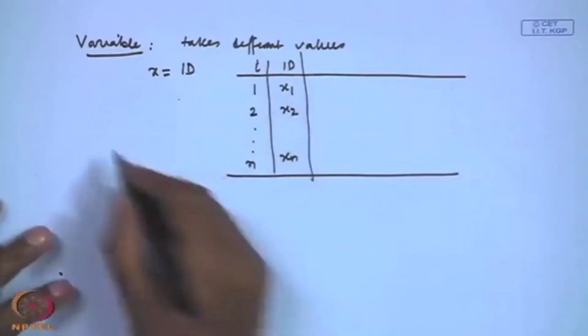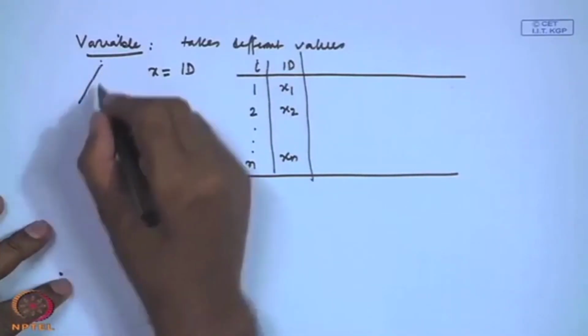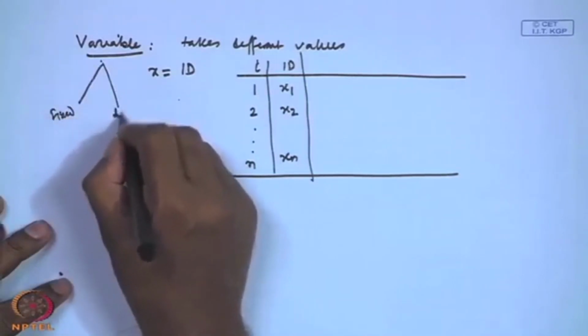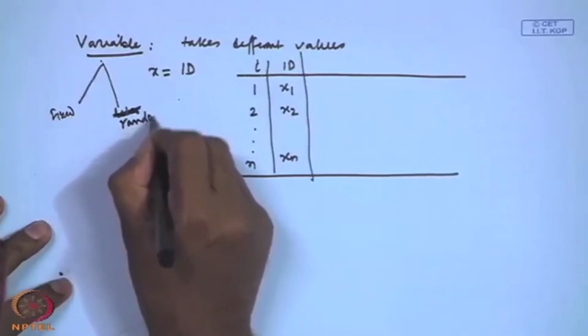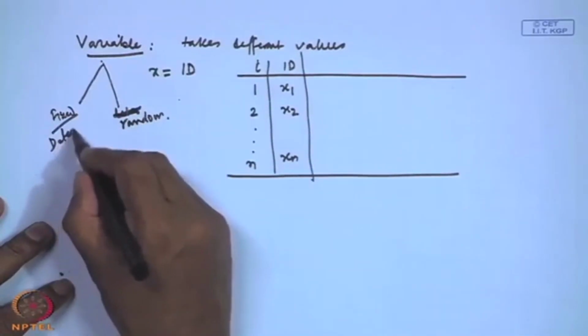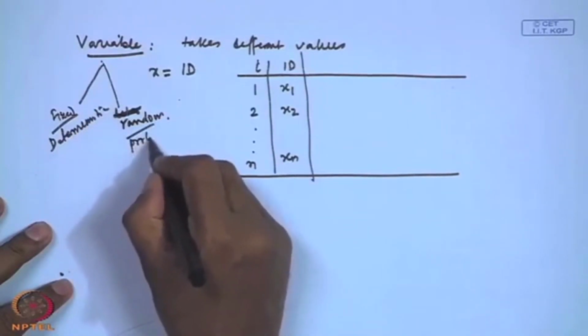Now, in statistics we basically talk about two types of variable. One is the fixed variable, the other is the random variable. Fixed, in other words deterministic, and random, we can say probabilistic.